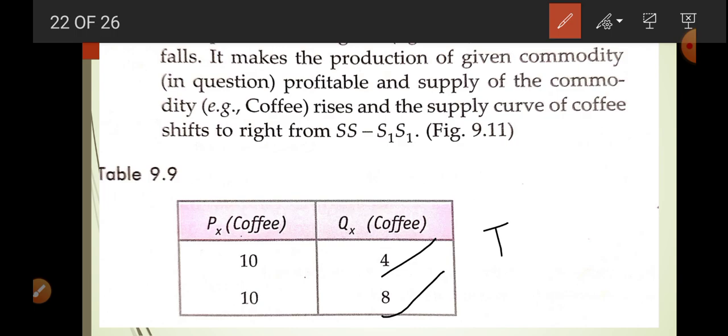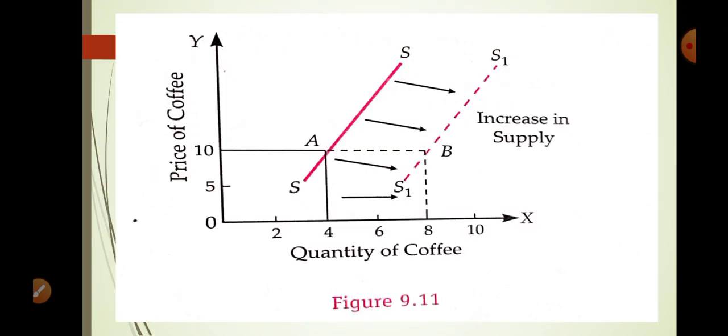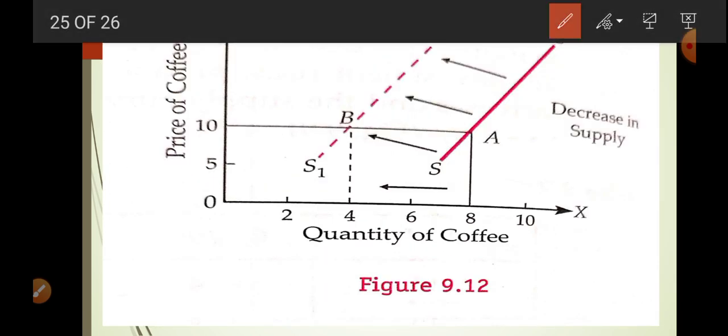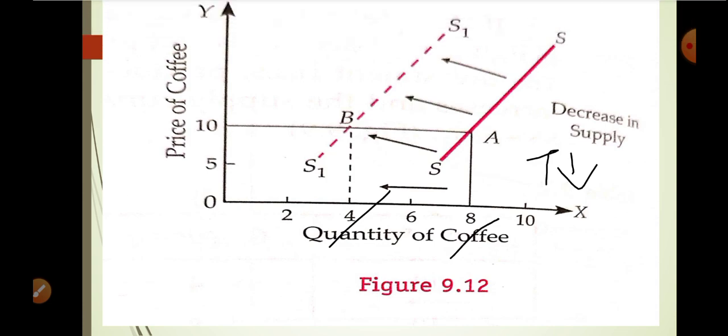Because the price of tea fell, so those who were producing tea until now also started to produce coffee. Initially the production of coffee is 4, now it is 8. Why? Because the price of tea decreased, so now production of tea is not so profitable.